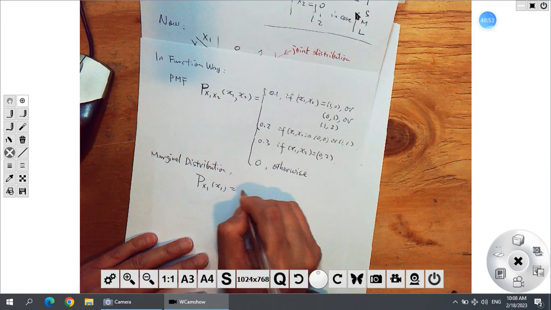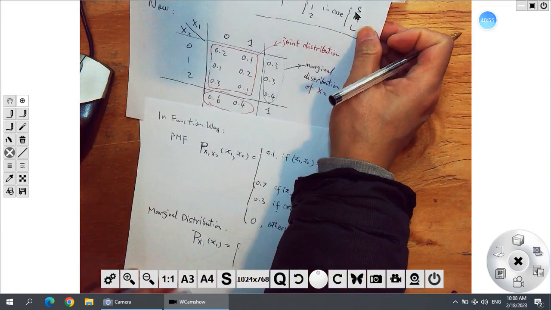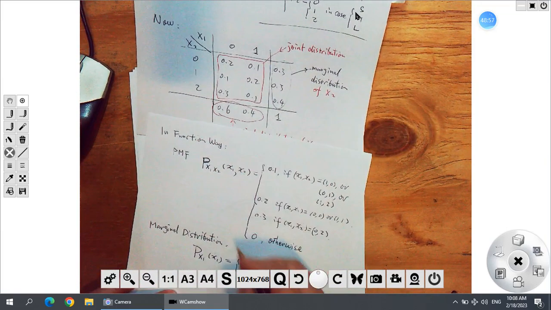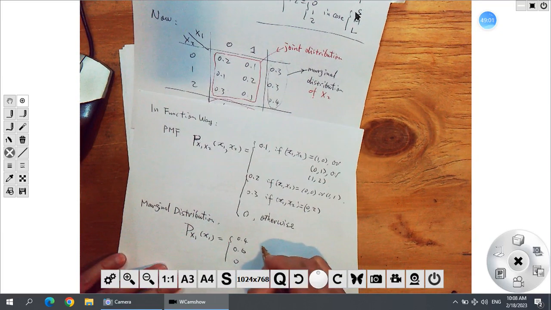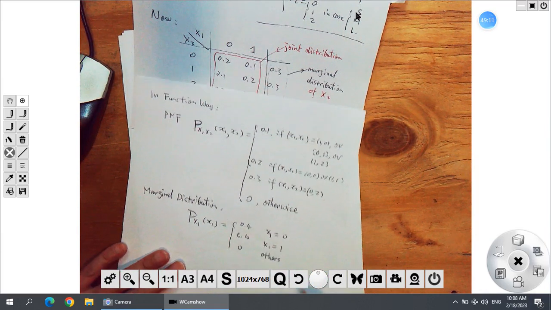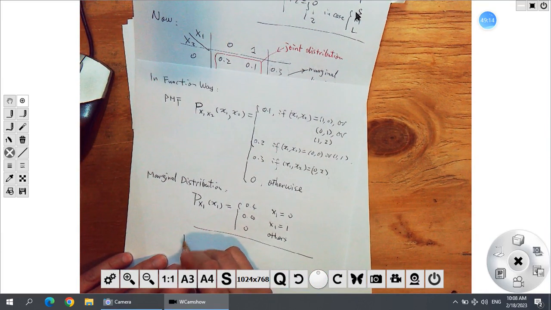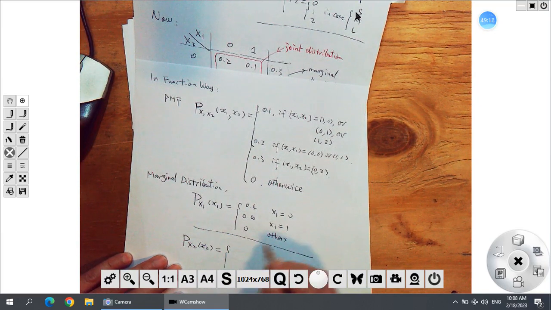For x1, we know its value will be 0.4, 0.6, or 0. This is if x1 equals 0, this is if x1 equals 1, and this is others.